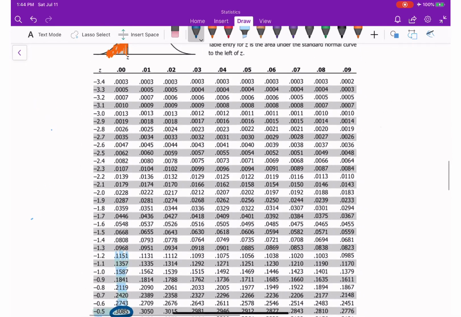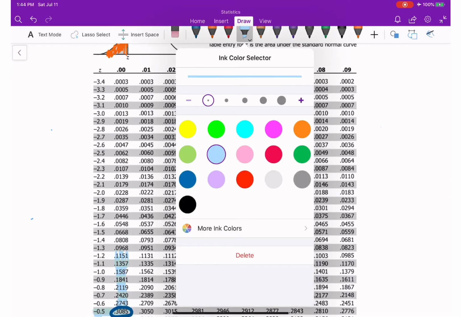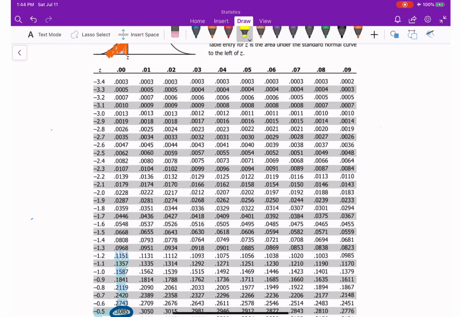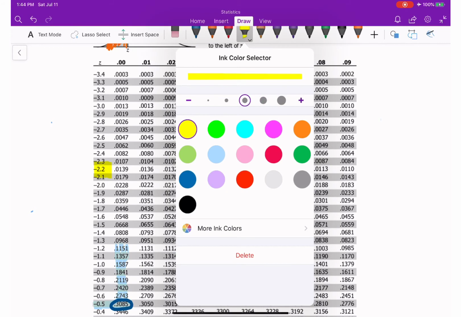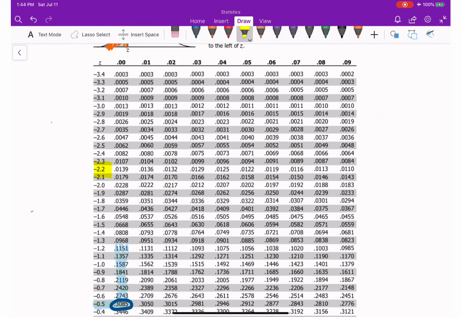Negative 2.29. This is 2. And where is my 9? Here is my 9. It's coming right here.